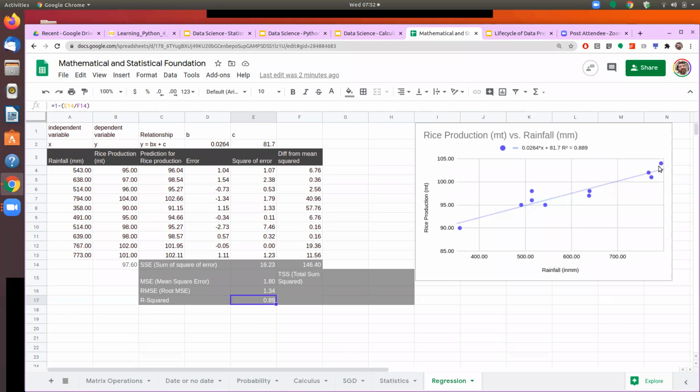That is my prediction variable. So we want to find out the rice production based on the rainfall data which I have available. Then we make various estimations, and how good my prediction is, I measure on two different parameters.